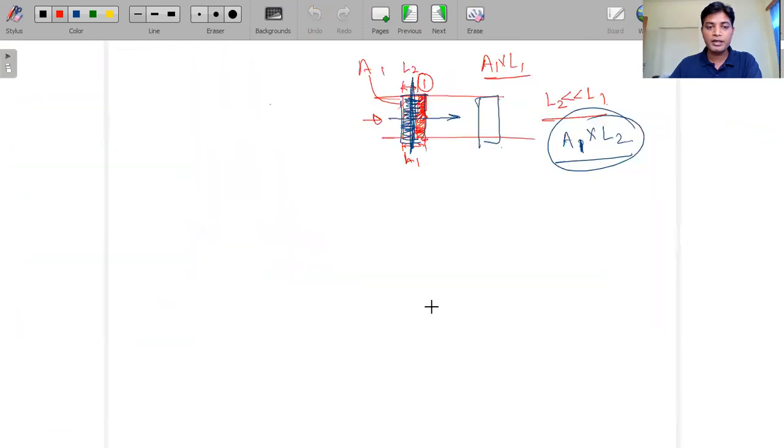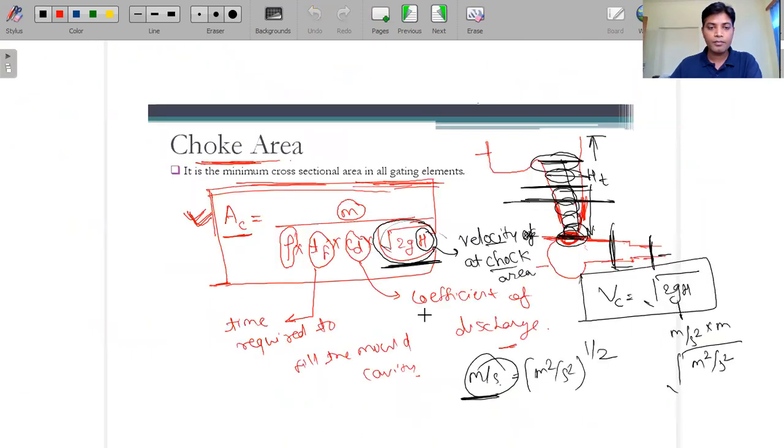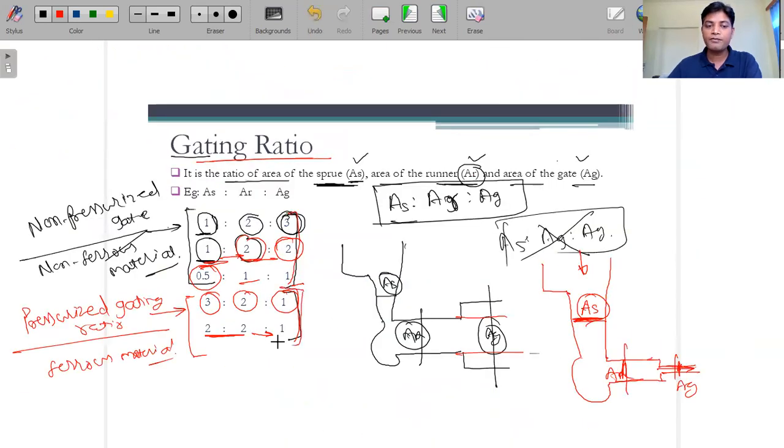So for ferrous materials we have to use this gating ratio. And for non-ferrous material, if we are using the top gate, then we have to use this type of gating ratio. If we are using the bottom gate, then that is applicable for the non-pressurized or non-ferrous material, so we have to use this gating ratio, okay guys.